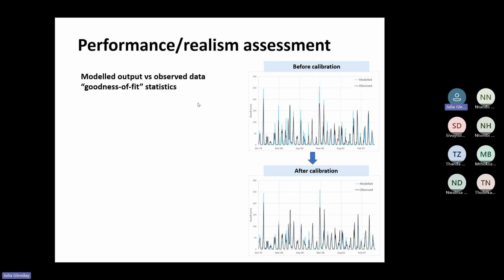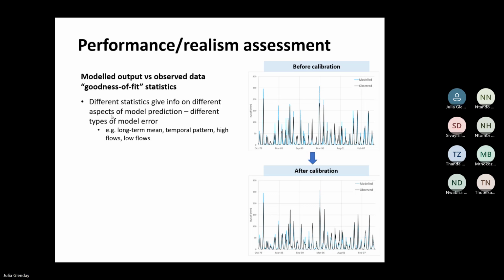So some of the ways to put numbers on the error or the goodness of fit are these goodness of fit statistics or performance statistics. And different statistics give information on different aspects of model prediction and different types of model error. So some models will do well on the long-term mean but they might not do that well at a daily time step.